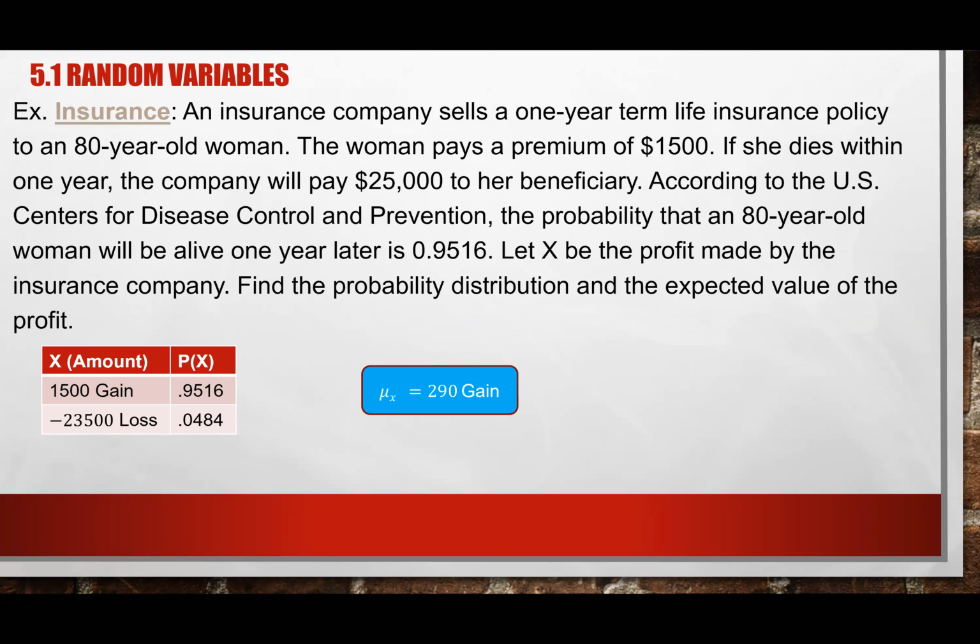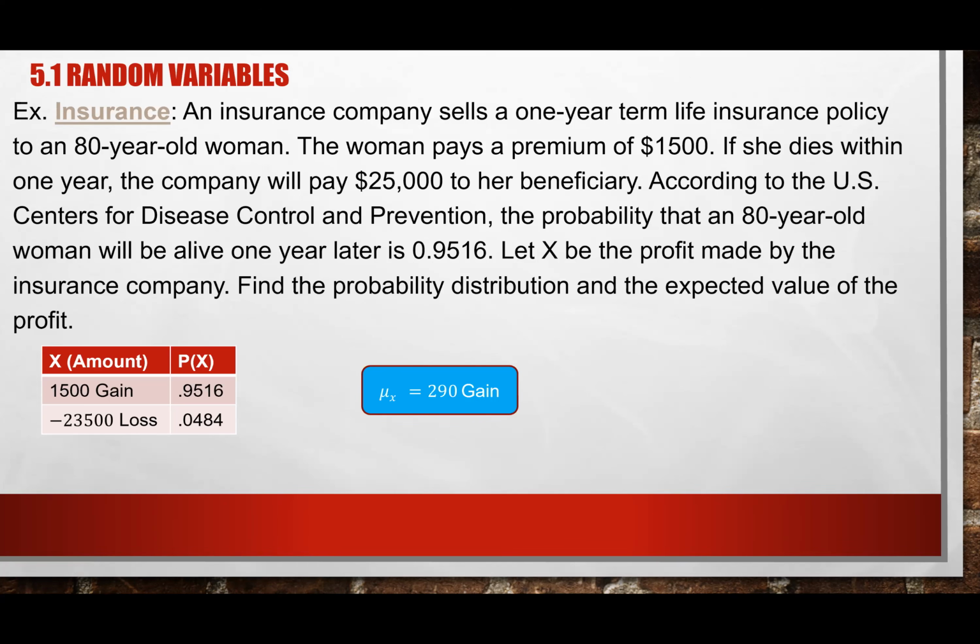Looking at this item, a question in terms of how we find the expected value, or our mean. Finding the probability distribution, is that just making the table? Yes.